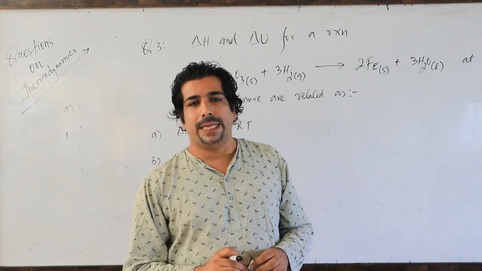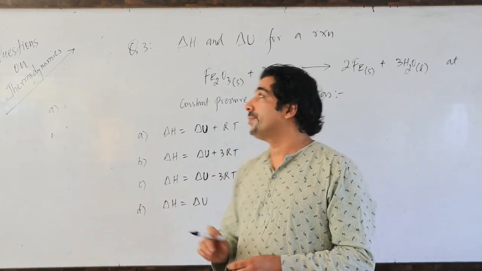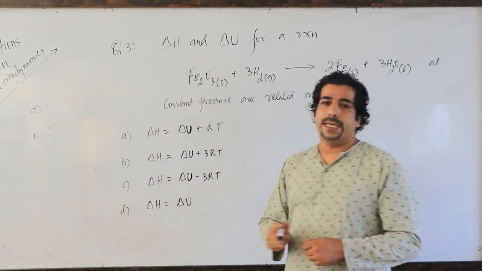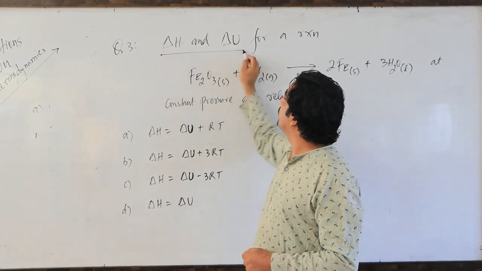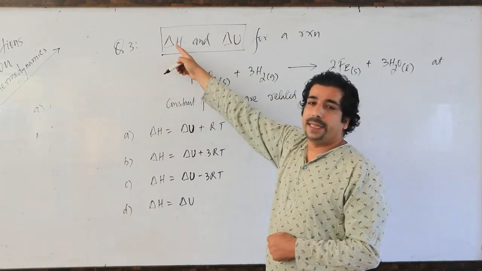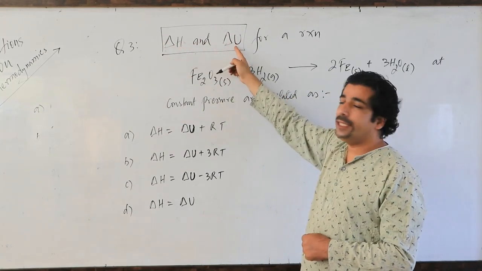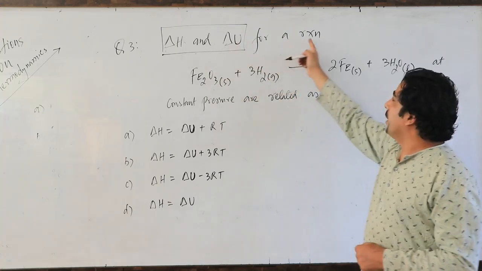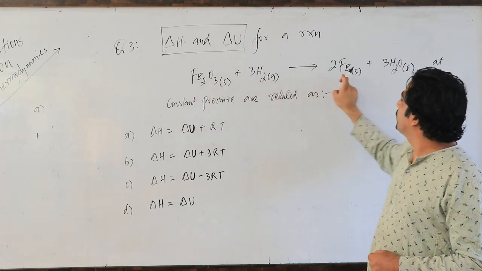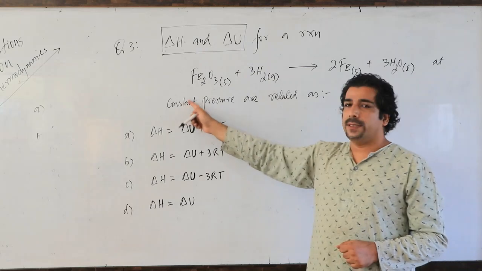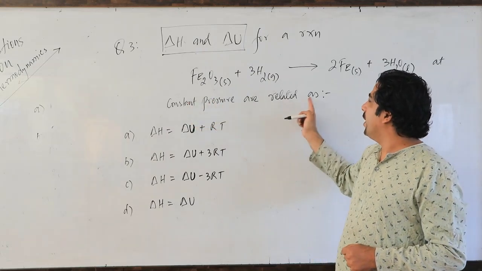So dear friends, let's talk about question number 3. Delta H and delta U, that is the enthalpy change and the change in internal energy for a reaction, and the reaction is given to us. At constant pressure they are related as what?